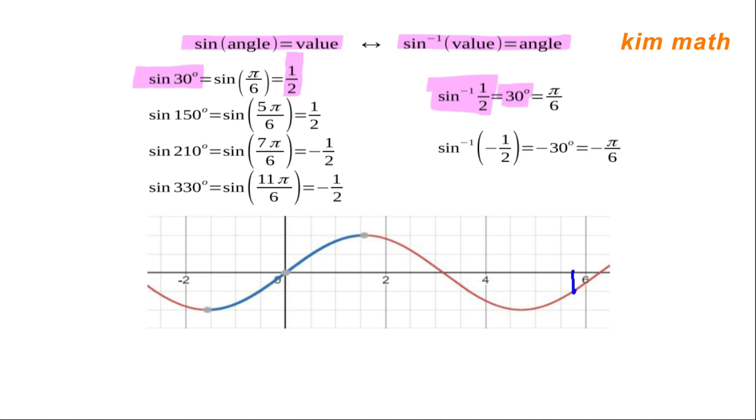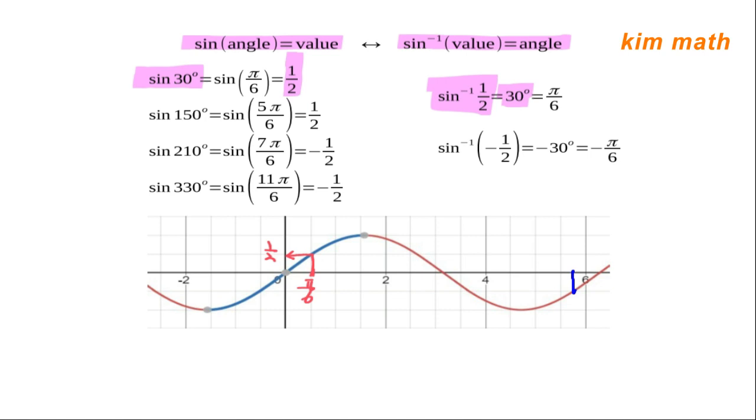And we must understand this table very, very carefully. Look at this. Sine 30, or in radian mode, sine pi over 6 is 1/2, which means about here, this is pi over 6. Now this is 1/2.